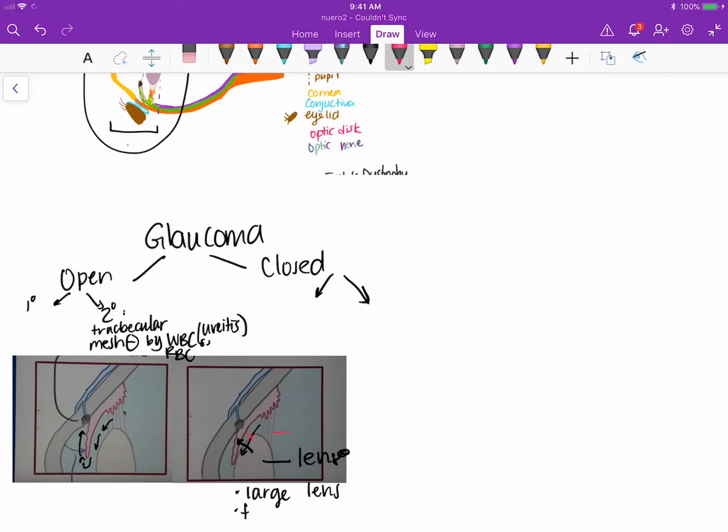So this fluid builds up and it starts pushing the iris into the cornea.